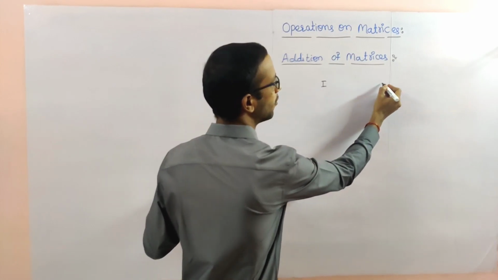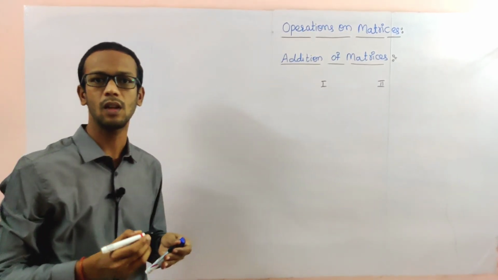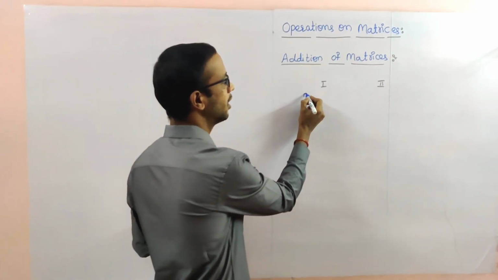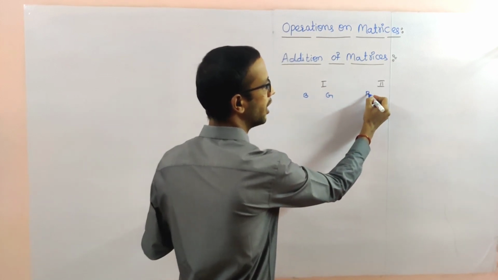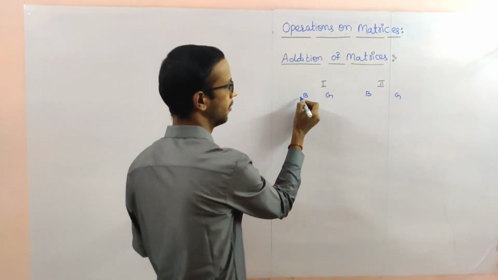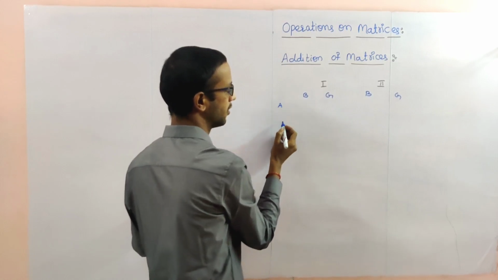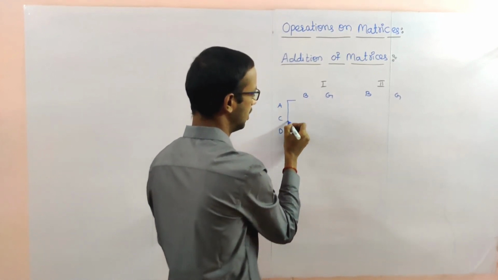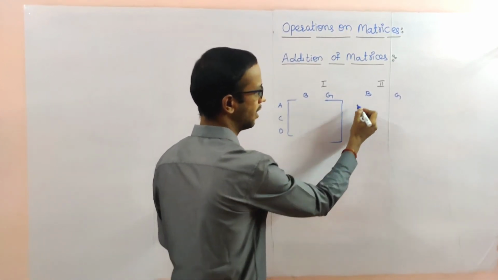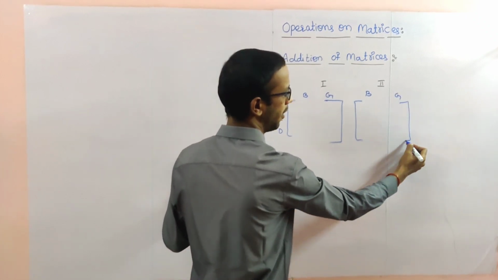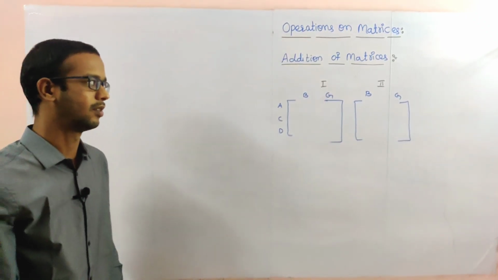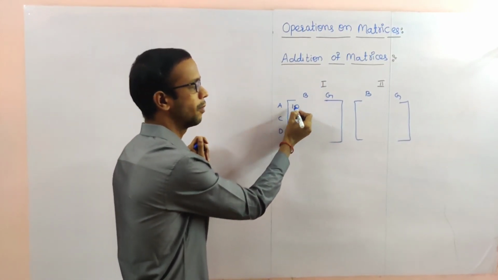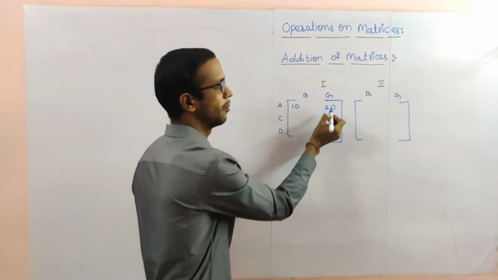We have college 1 and college 2. In college 1 there are boys and girls, and in college 2 also boys and girls. And there are sections A, C, D. I am representing the total matter as a matrix. In first college, A section, as an example I am taking 10 boys, 20 girls.